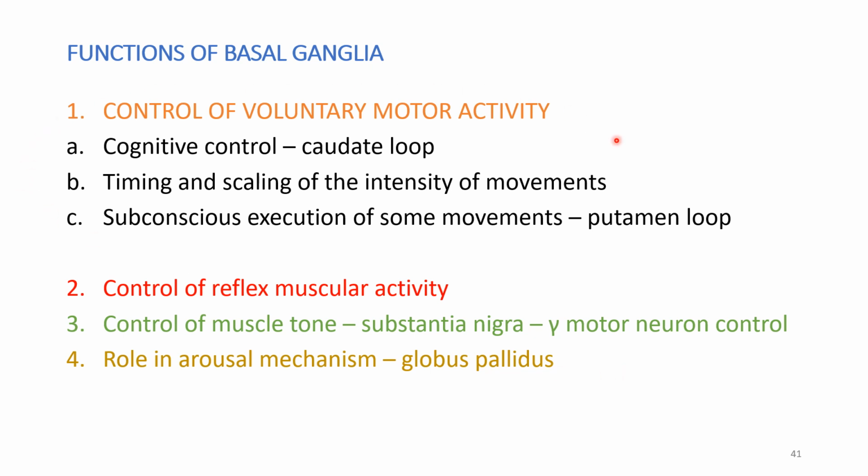The main action is control of voluntary motor activity, and these three are also functions of the basal ganglia: control of reflex muscular activity, control of muscle tone, and a role in the arousal mechanism, which is another function of the globus pallidus. These first two involve muscles.